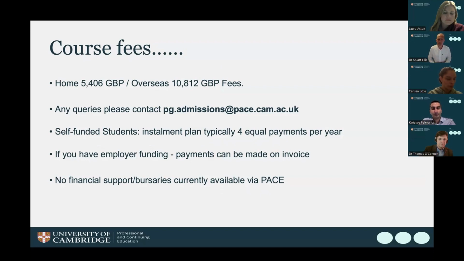When it comes to paying the fees, if you're a self-funded student, which is the majority of those who join us on the PG Certs, the instalments can be spread over 4 equal payments over the academic year. If you have employer funding, if you're lucky enough for your employer to be funding you, the payment can be made on an invoice sent to the employer. At PACE, we don't offer any financial support or bursaries. There are none currently available.